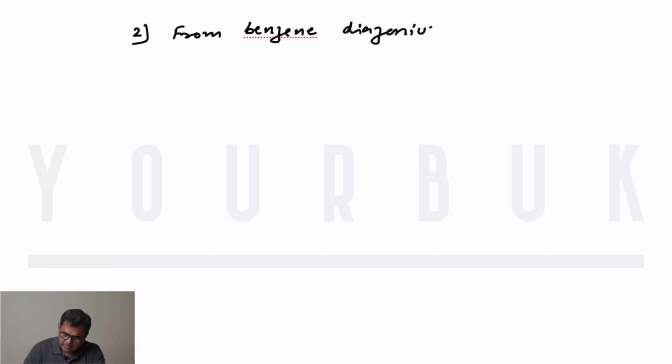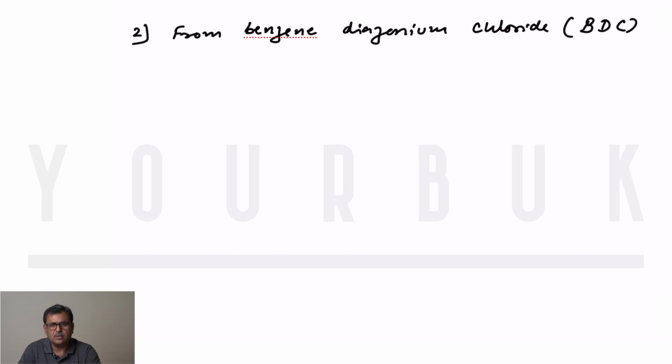Now, second method to prepare aryl halide is from benzene diazonium chloride. In short form, we can write BDC. Now, first of all, what's the meaning of diazonium?